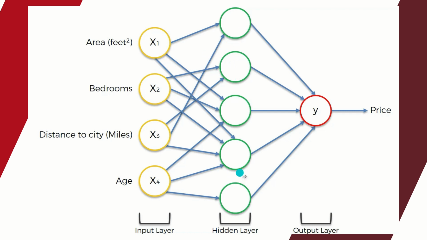Now how do you use this hidden layer? So firstly you'll have to see the arrows, which arrow is connecting where. So in this specific neuron, area and distance is being fed. So when you're feeding area and distance over here, it can be something as simple as multiplication.